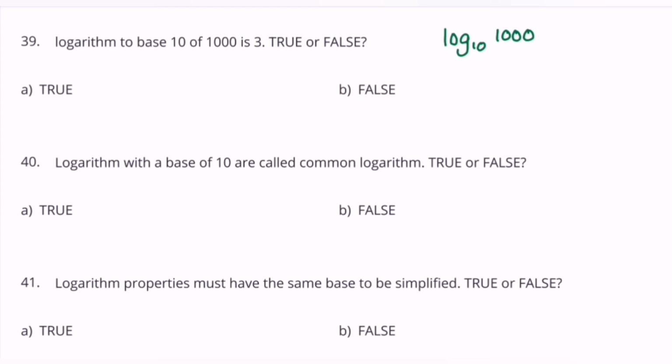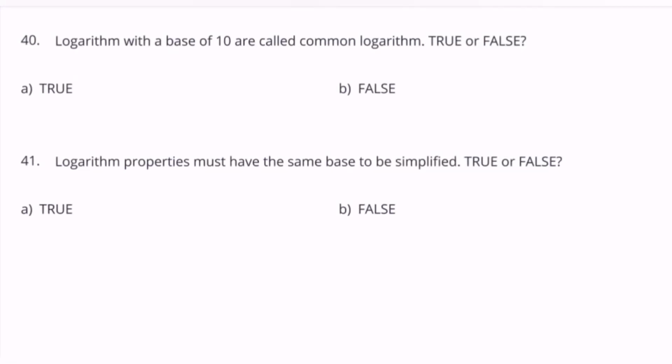So kindly refer to the left hand side, where we have log base 10, 10 to the power of 3. Making use of the logarithmic power of log, we have 3 log base 10 value 10. So the answer will be equal to 3. So for this case, the answer is a true statement, which is A.